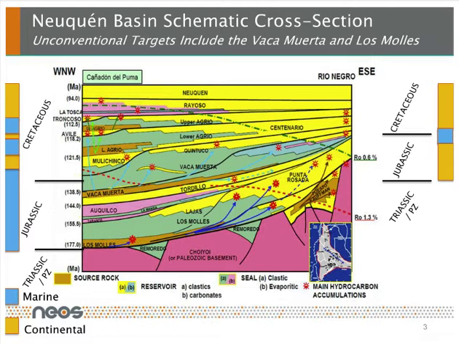One of the major takeaways from this is that the 3 major source rocks within the basin, also the focus of present-day unconventional exploration, are the lower Jurassic Los Molles, the upper Jurassic Vaca Muerta, which extends into the lower Cretaceous, and the upper and lower Agrio shales within the Cretaceous.